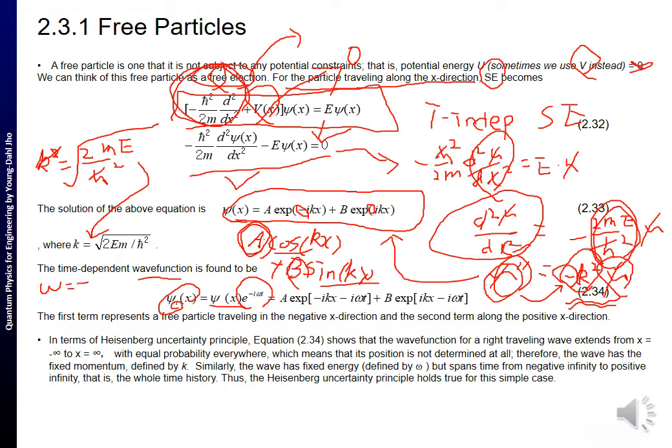Surely omega is equal to E divided by h bar. Then it is like this. Here we see that, let me erase a little bit here.